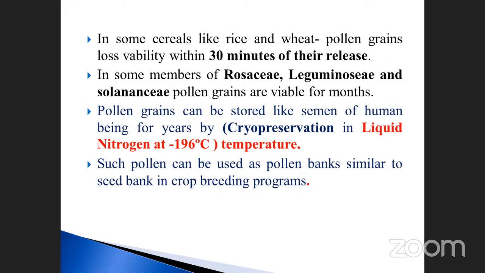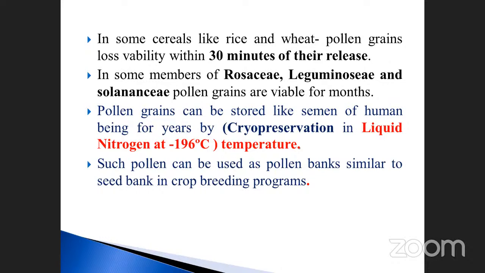This is in most of the cases. Okay, so many questions were asked. The pollen grains can be stored like the semen of human beings for years by cryopreservation. The study of temperature related concepts is called cryopreservation.